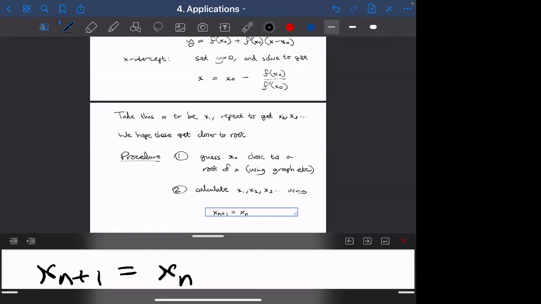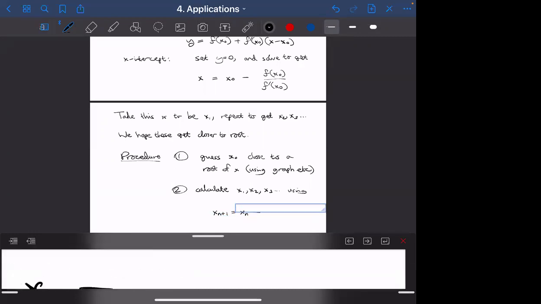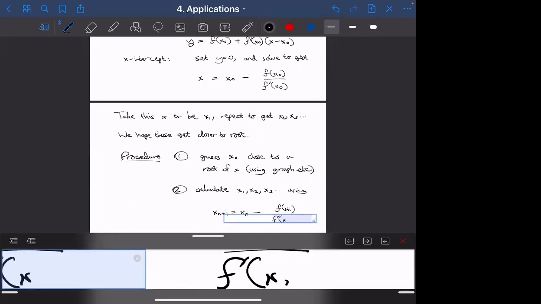So for each xn, I do what I showed above. Use this formula to make the next x in the sequence.